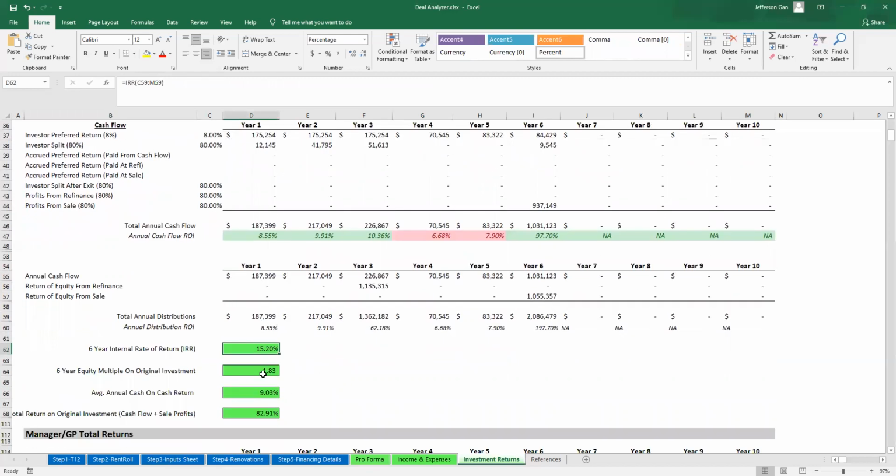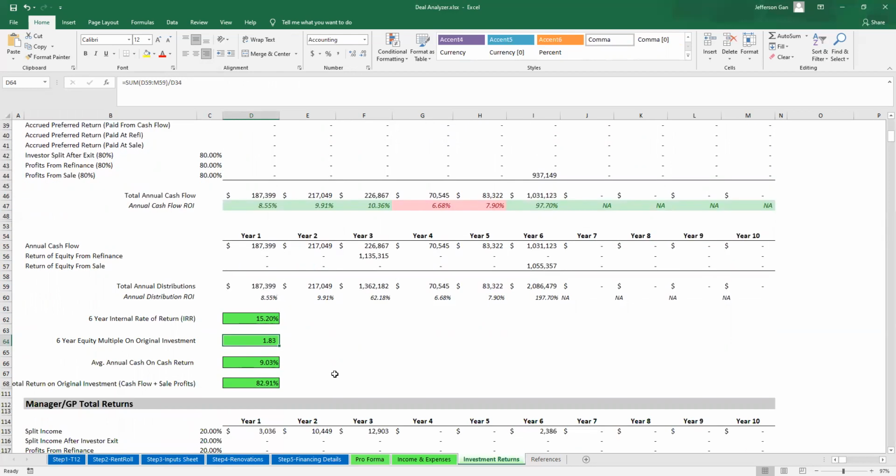Then this is the multiple: given, let's say, 100,000, after 6 years it will become 183,000. Then this is the average cash-on-cash return, and this is the total return on investment, an 82% return on investment.